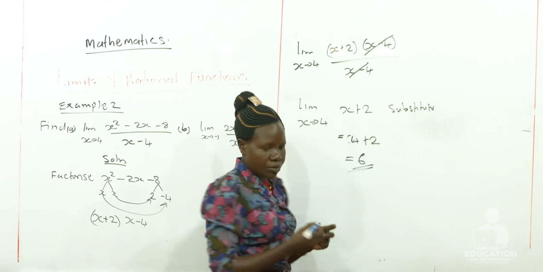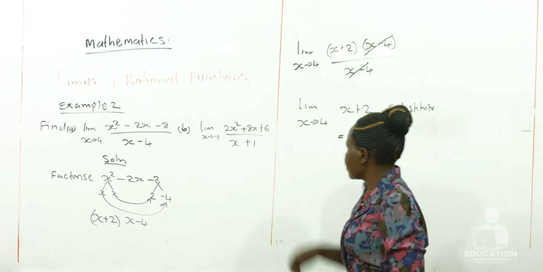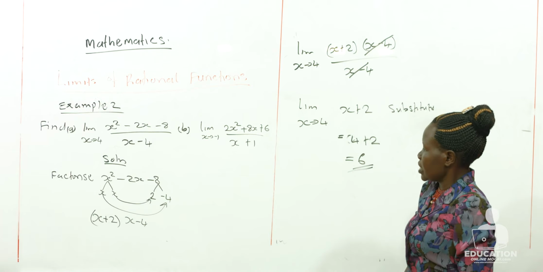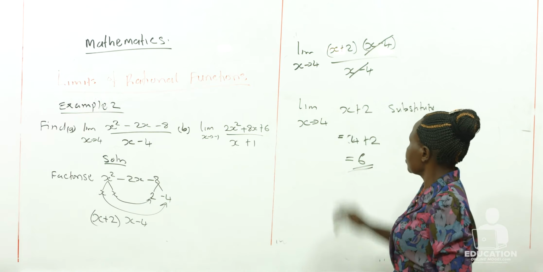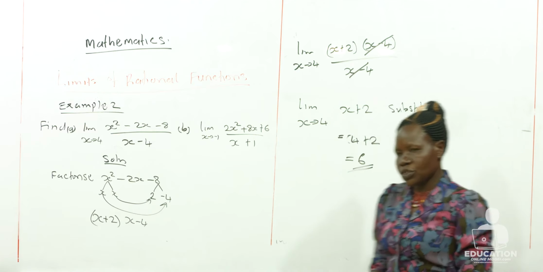So that is how you learners will simply do it, because you cannot substitute something which is in a fraction. You factorize it so that you cancel the fraction out, and then you remain with the one factor that you will substitute.